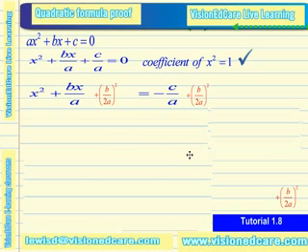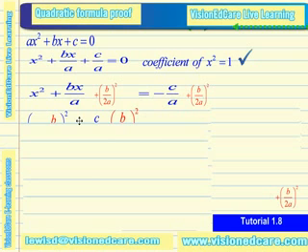The next thing you want to do is to focus your attention on the left hand side here. This side of the equation here can be expressed as a perfect square. So what we would have is x plus b over 2a all squared. It's the same thing as what we have here.